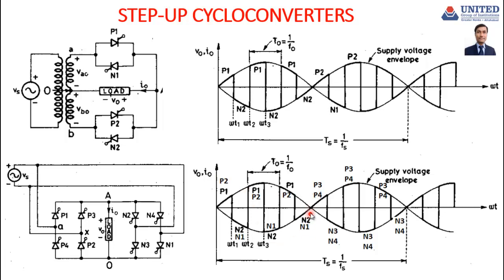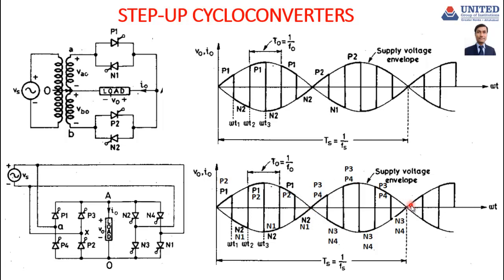After omega t is equal to pi, the thyristors P3 and P4 are now forward biased. Therefore these can be turned on and force commutated from omega t is equal to pi to 2 pi.